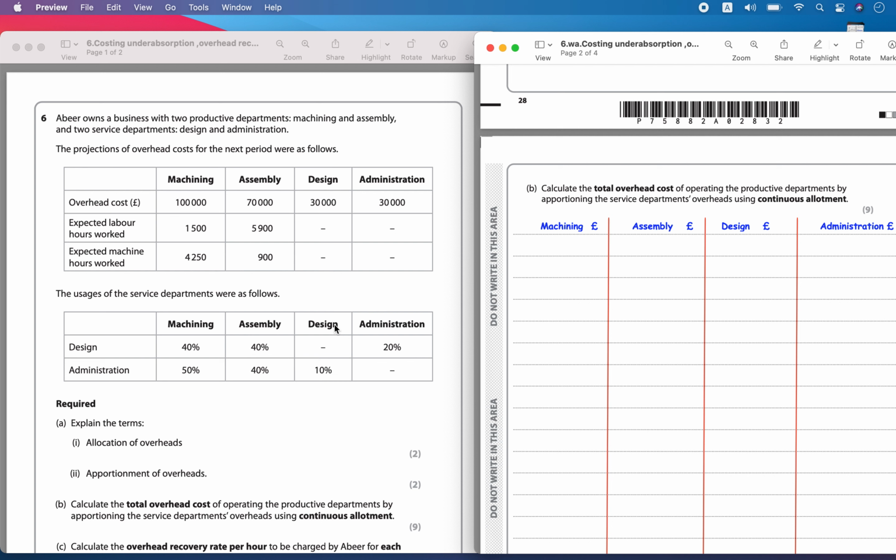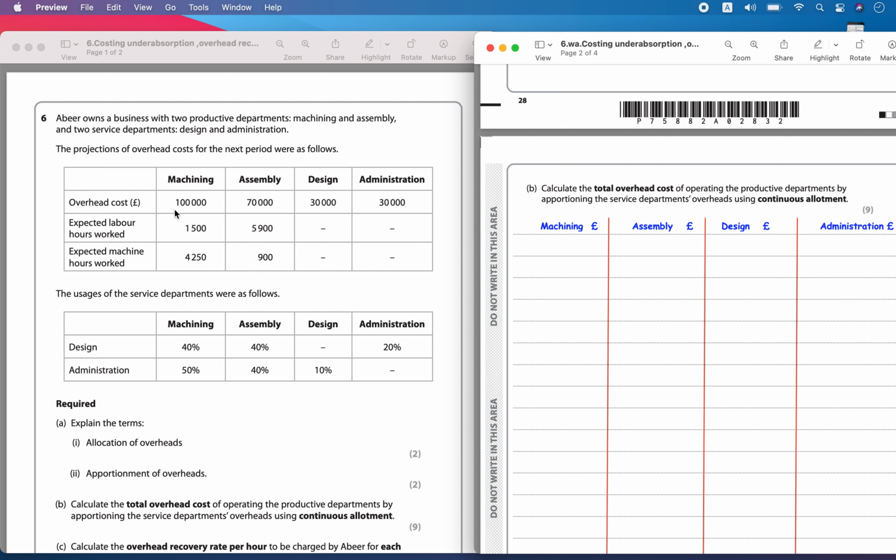So these will be removed and I will allocate that cost to machine and assembly, and then I will calculate the total overhead costs. This has to be apportioned using the continuous allotment method.